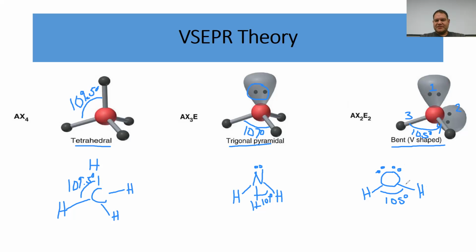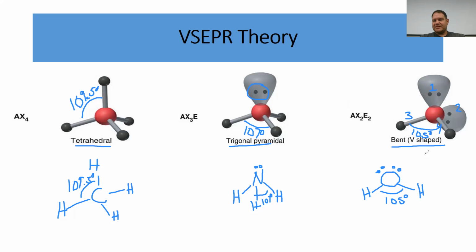All right, so what we've done is we've looked at all of the most common geometrical shapes that we'll find in nature. So most molecules are either linear, planar, tetrahedral, trigonal pyramidal, or bent, okay, in most situations.